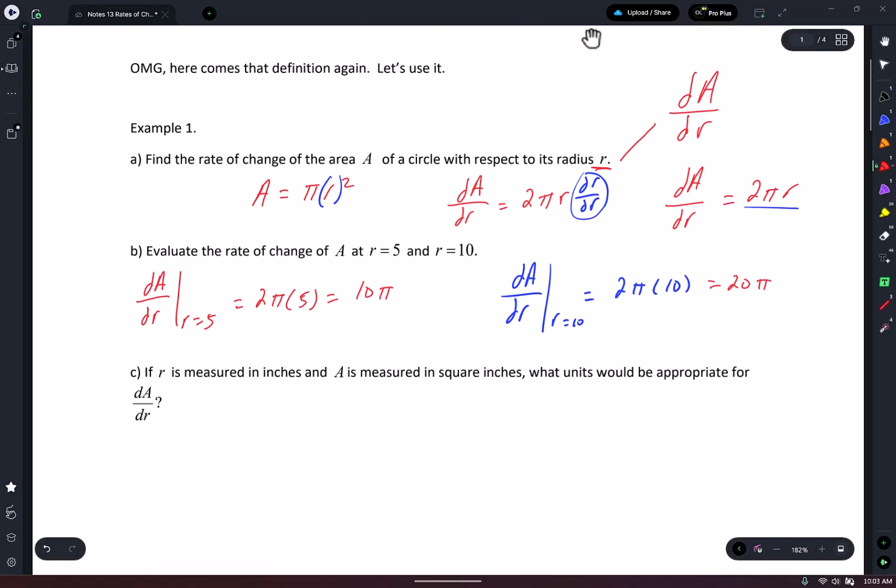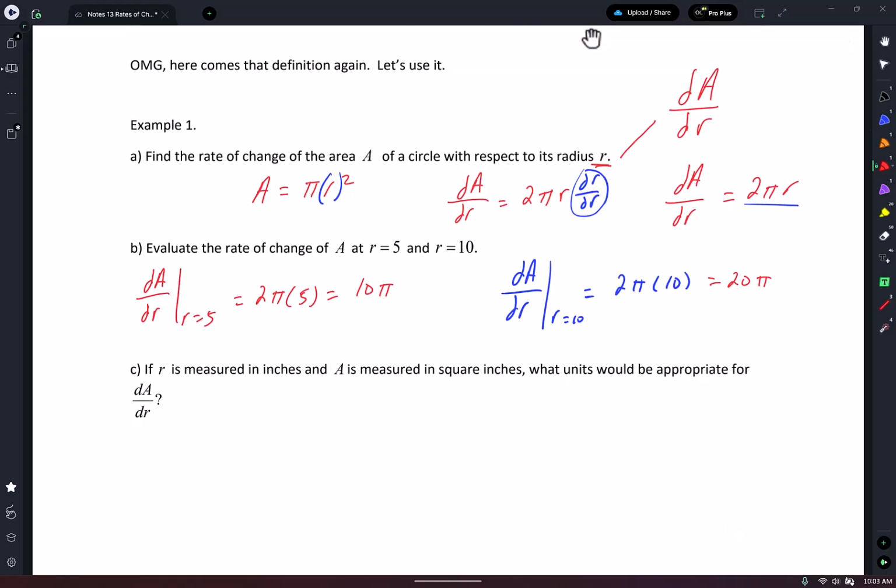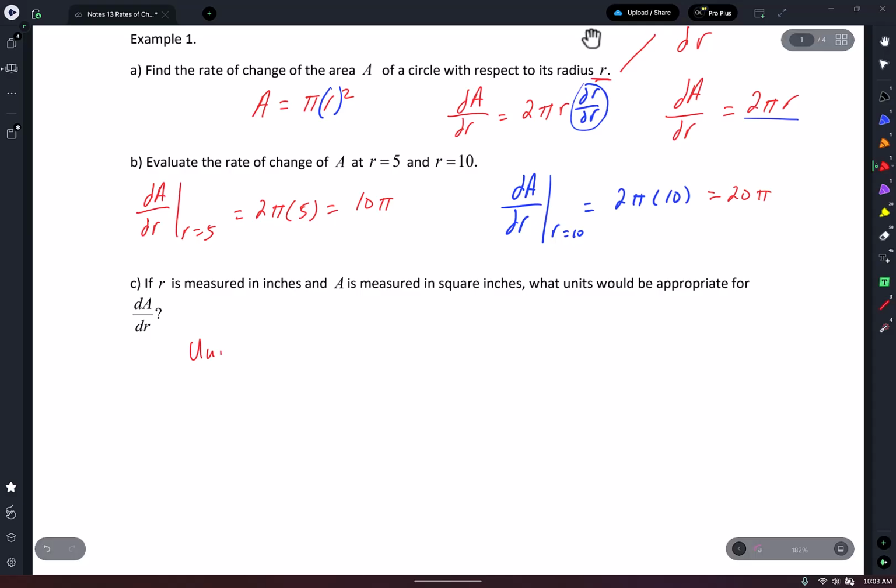If r is measured in inches and A is measured in square inches, what units would be appropriate for dA dr? I don't know. What do you think? Inches squared per? Yeah. Good job.